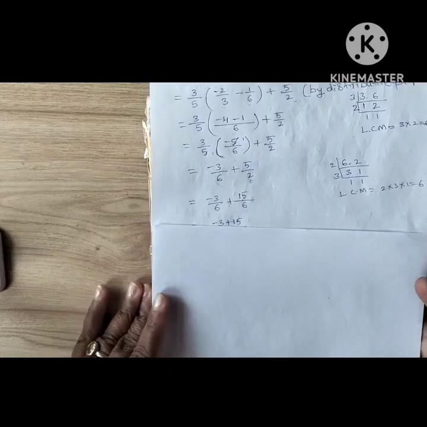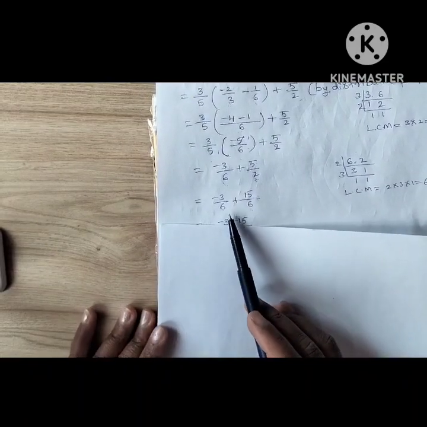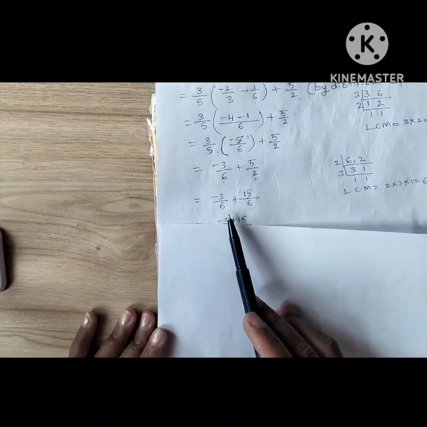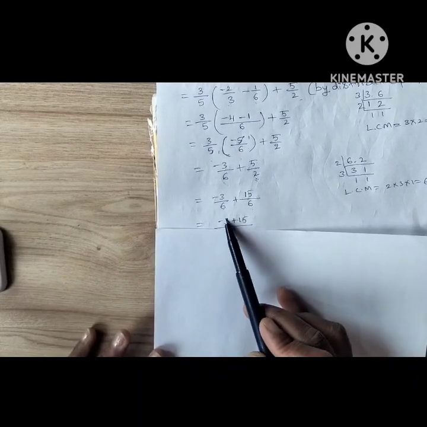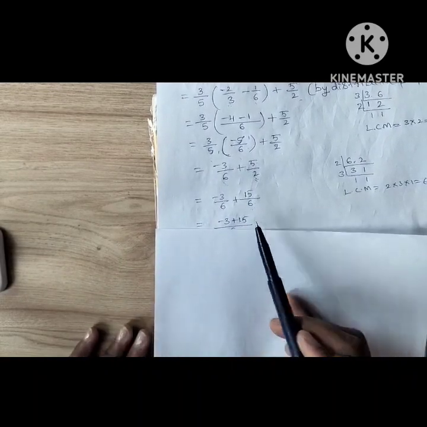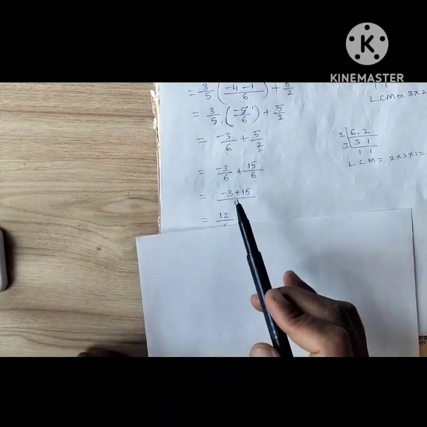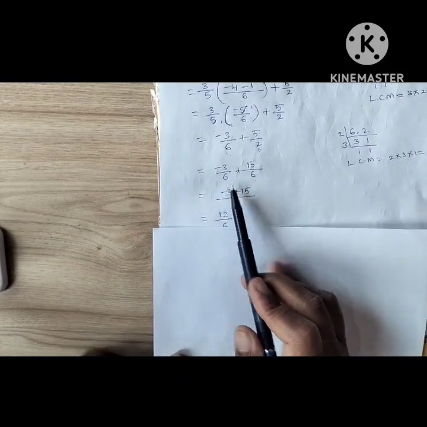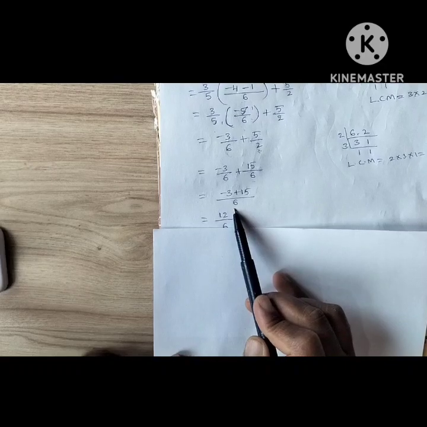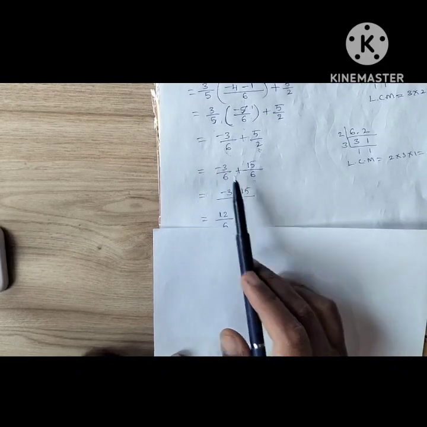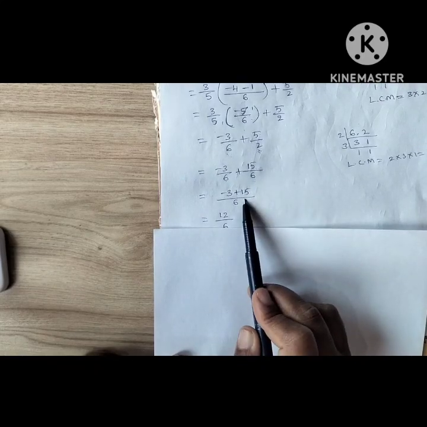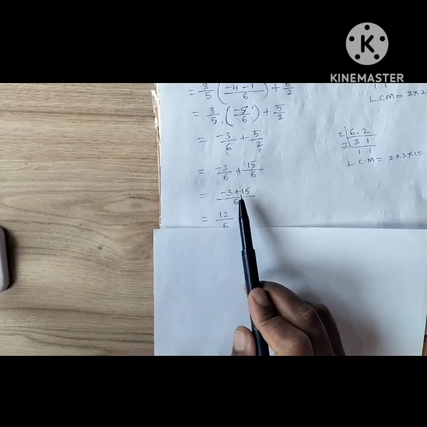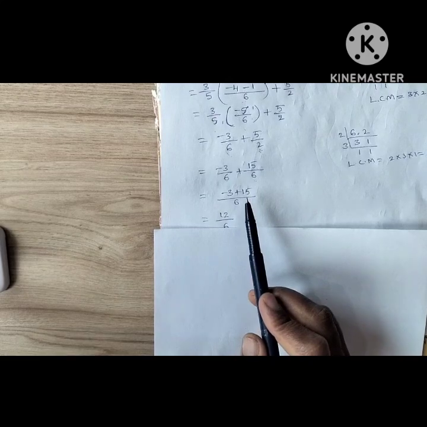Again we have the same denominator, 6 and 6. We can add and subtract easily. Here minus 3 by 6 plus 15 by 6. 6 is taken as a common number. Again remaining minus 3 write as it is, plus write as it is, 15 write as it is. Again we have a different sign for the numbers.